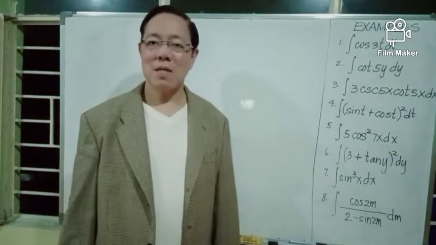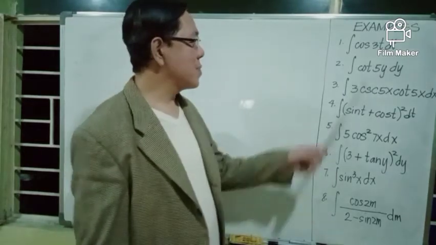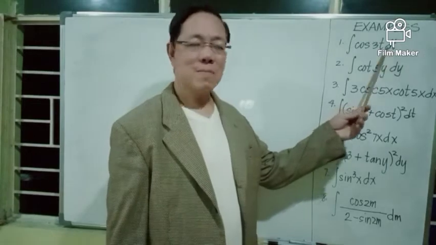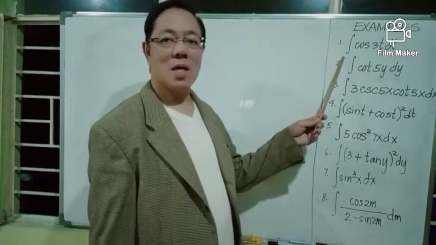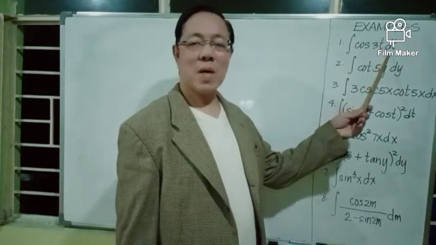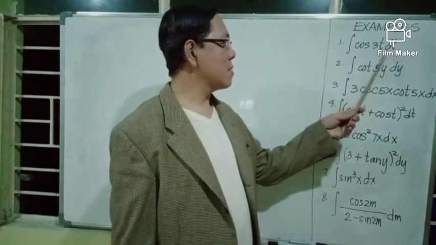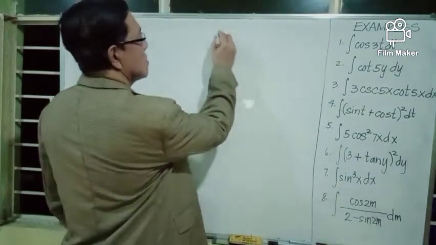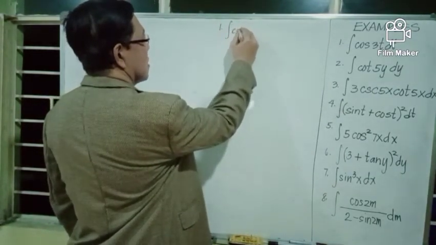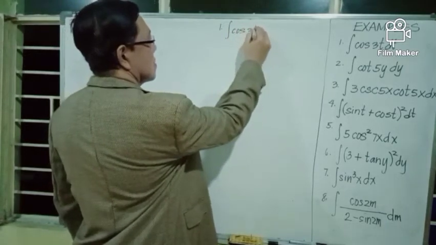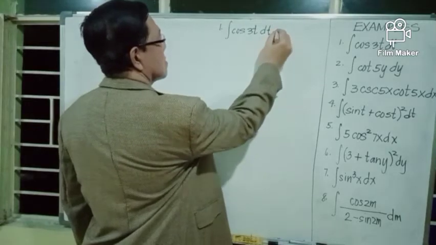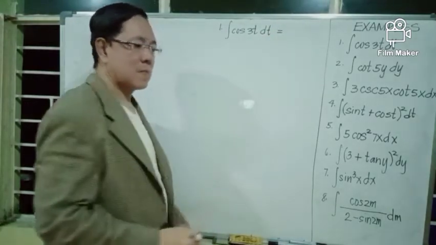To evaluate the integral is to find the antiderivative of the integrand with respect to the given variable. In number 1, we have the integral of cosine 3t with respect to t.